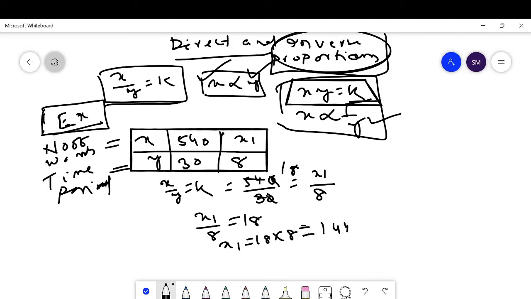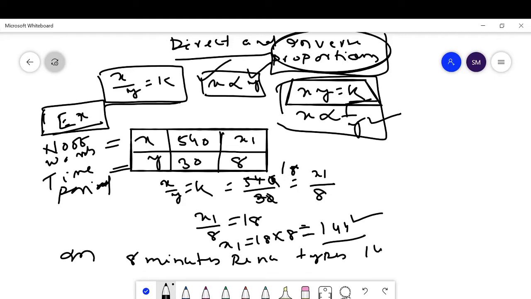Means in 8 minutes, Renu types 144 words.